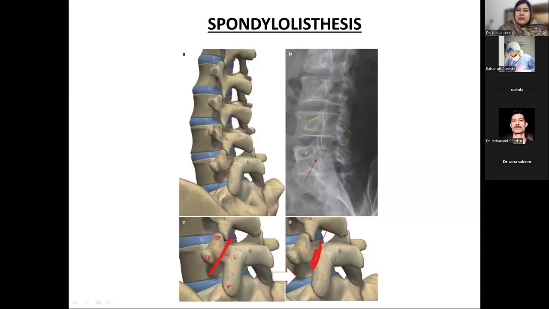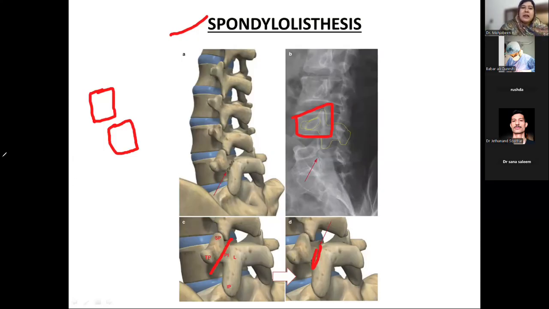It is the dislocation of one vertebra over another. Simple: just as in the cervical spine there was subluxation, with dislocation of one vertebra over the other, similarly if that subluxation occurs in the lumbar spine, it is known as spondylolisthesis. And the cause of spondylolisthesis is the fracture of the pars interarticularis.